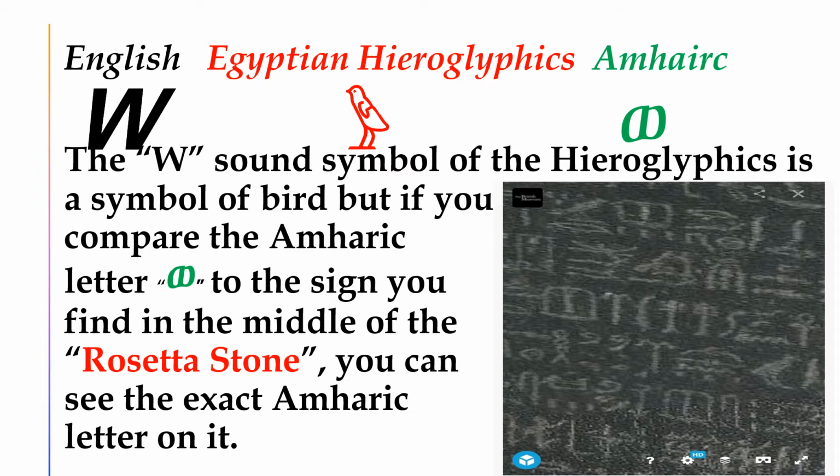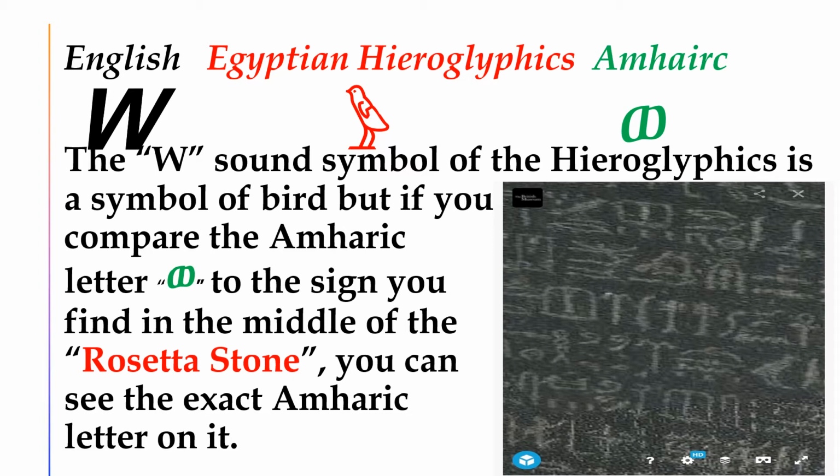And it's so amazing. It's so similar to the Amharic one. It's a carbon copy. And I don't know why, for the Egyptian hieroglyphics, the Westerners have not taken this symbol on the Rosetta Stone to represent the W sound.